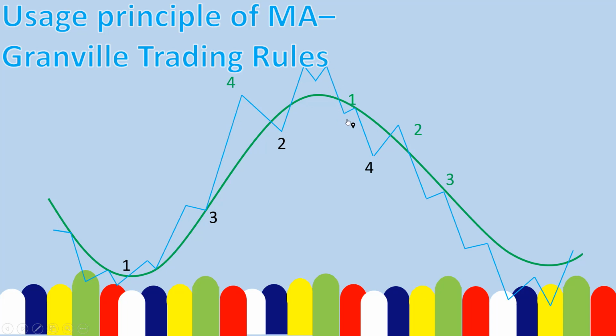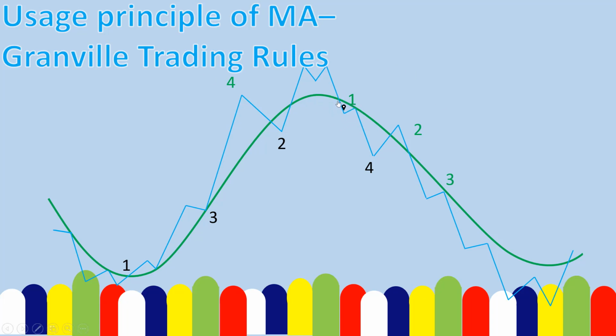The price crosses downwards through the MA, then it will be the first sell point because this is the confirmation of the downtrend. Then usually it will pull back to the MA.